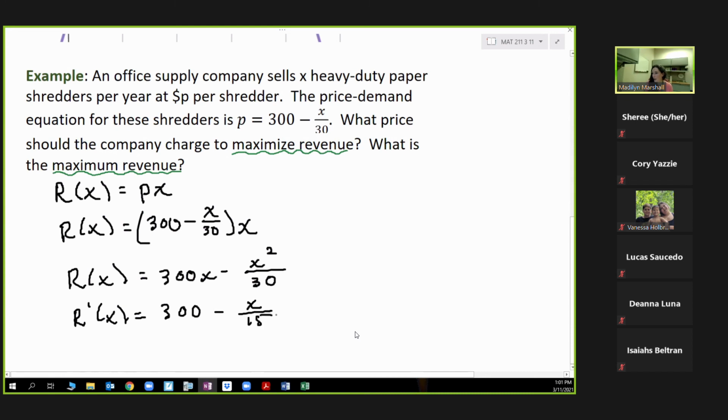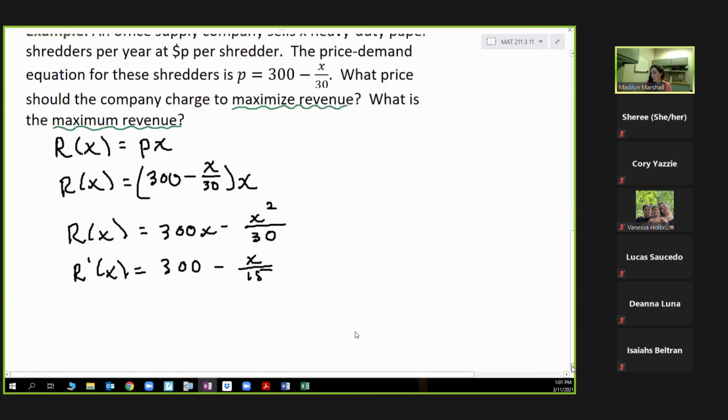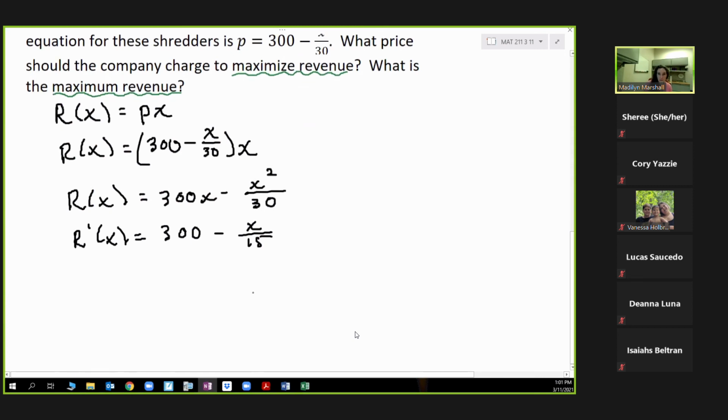So that 2 that comes down is going to cancel with the 30, so we have x over 15. And so we want to know where there is a maximum, which means we need to know where the derivative is 0.